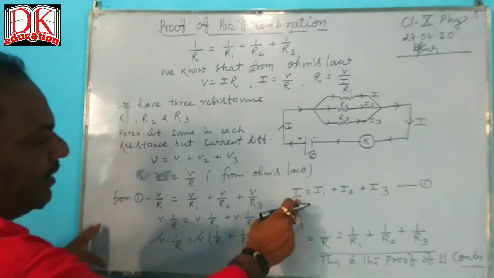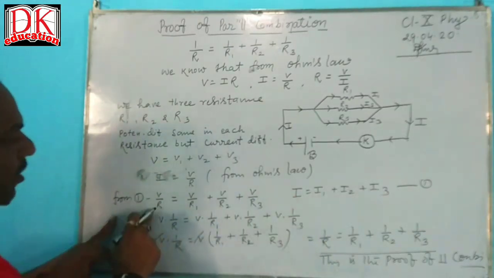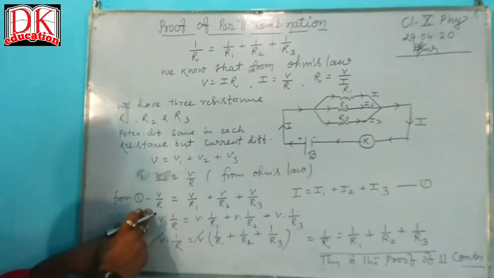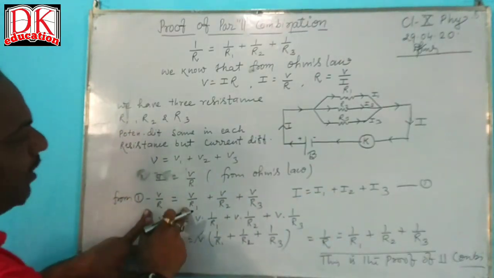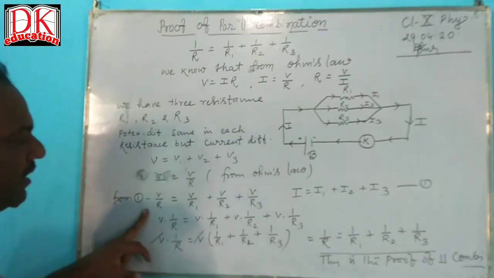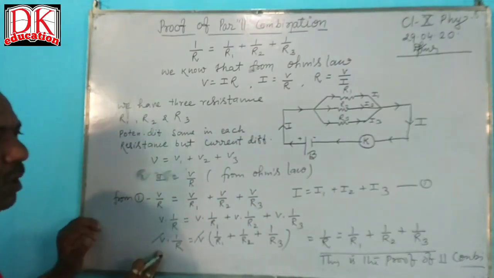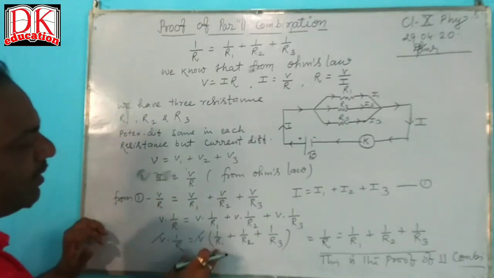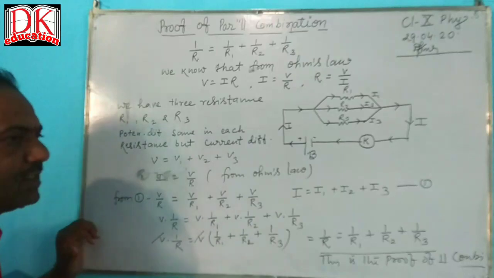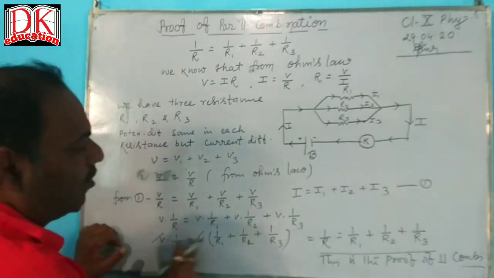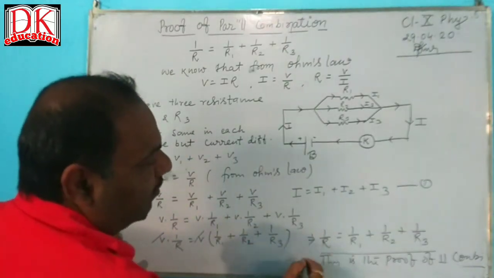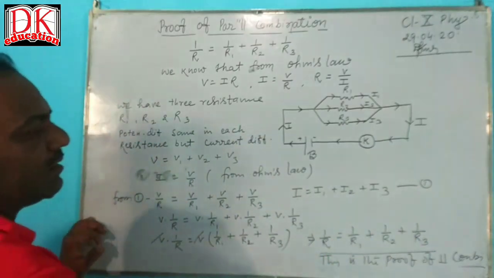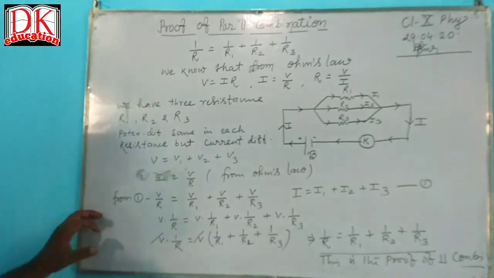So V upon R is equal to V by R1, V by R2 and V by R3. We use V as a common factor and V cancels. After that, 1 by R1 plus 1 by R2 plus 1 by R3 is left, so 1 by R is equal to 1 by R1 plus 1 by R2 plus 1 by R3. This is the proof of our parallel combination.